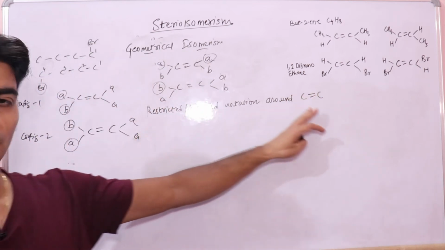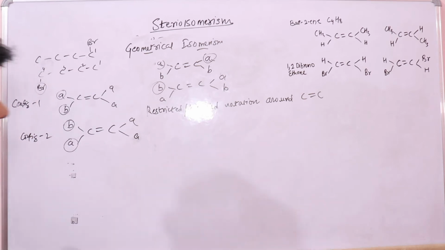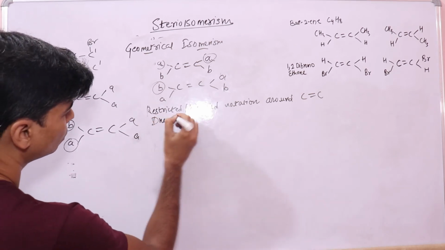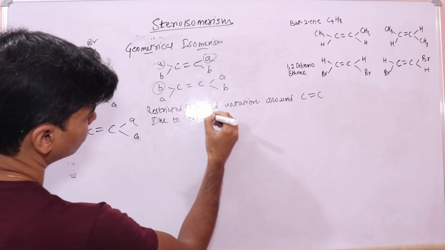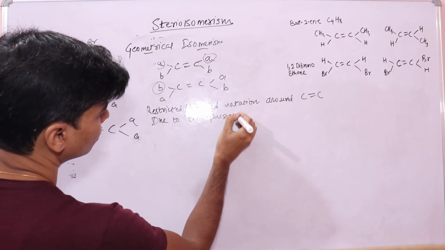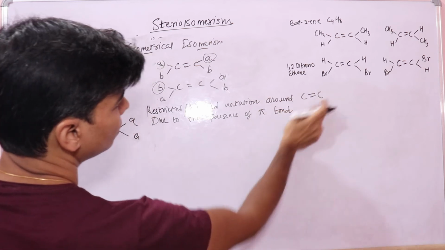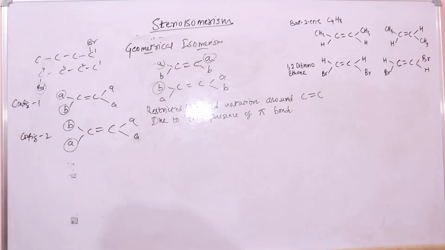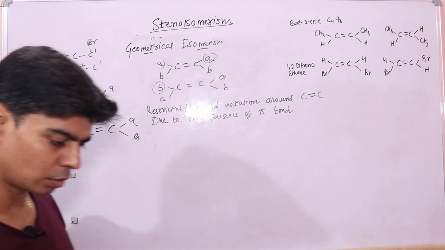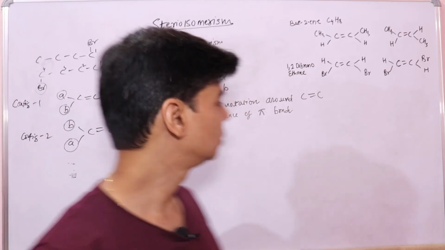Why we have restricted or hindered rotation? The simple answer, if I give you, is due to the presence of pi bond between carbon carbon atoms, right? Now let's see how pi bond hinders this rotation.